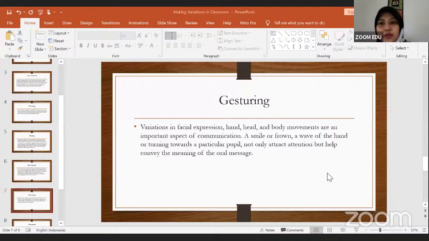Before we start our explanations, allow me to share my screen. I hope that you can see my shared screen clearly.